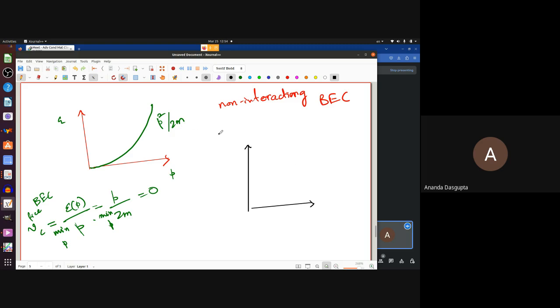Now, on the other hand, Landau knew fully well that the free particle dispersion relation is, of course, just one example. There could be many other kinds of dispersion relations depending on the interaction. For example, if it was a pure phonon system, do you know what the epsilon p relationship looks like?